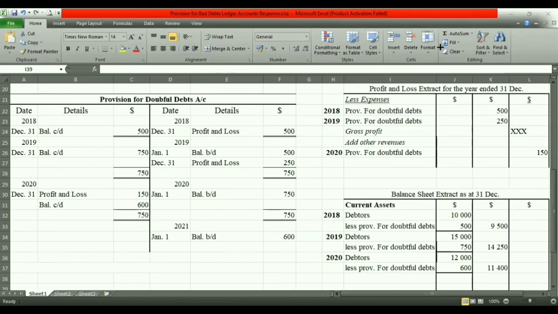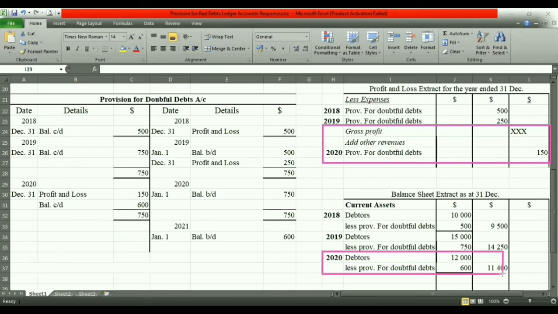What if they ask you to show the profit and loss extract for the third year? All you would do is show that relating to 2020, because 2020 is the third year. They can also proceed to ask you to show the balance sheet extract for the third year. All you would do is pick up only for 2020.